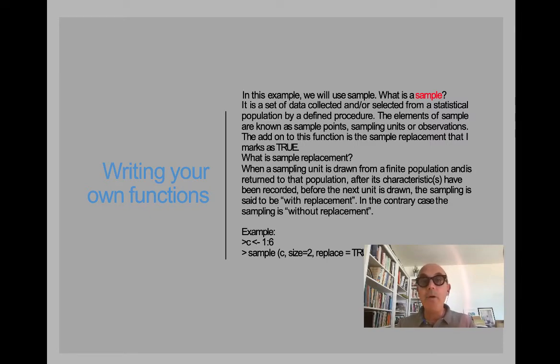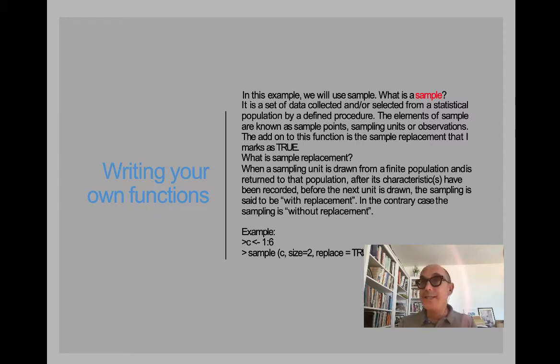So a sample is a set of data collected or selected from a statistical population by a defined procedure. The elements of the sample are known as sample units, sample points, or sample observations. To add to the function is the sample replacement, which can be marked as true.